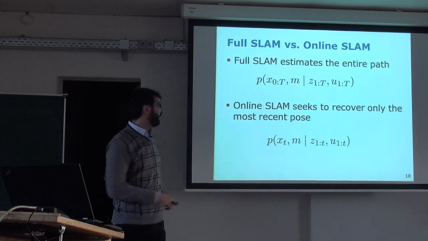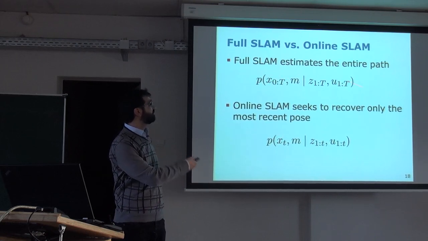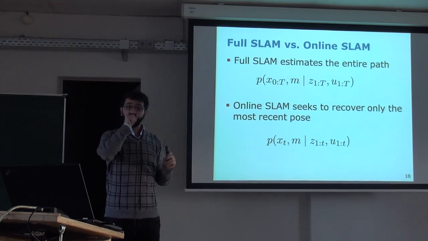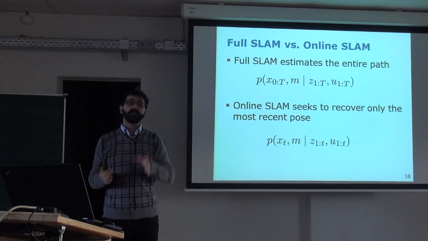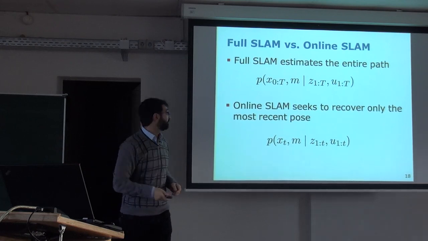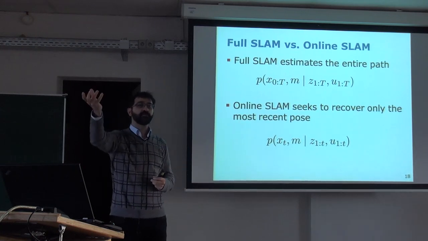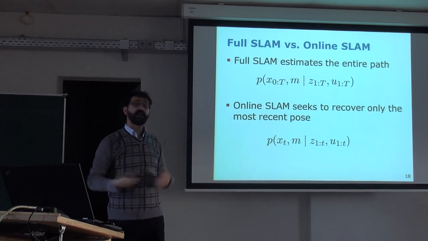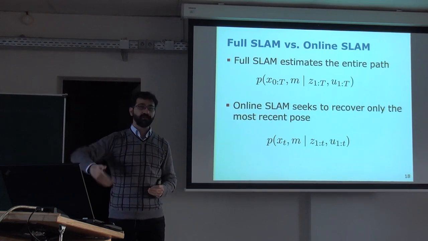For estimating this, you can imagine that you go through this distribution, estimate the full path, and then just forget where the robot was in the past. It's not as trivial as this, because in the full problem you might use future measurements to get an estimate of previous poses, while here you just commit on a location in the past and you cannot revise that.